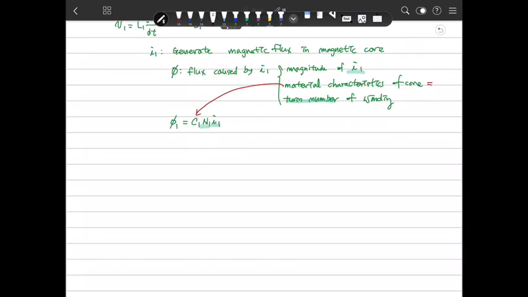So we know Faraday's law: E is N dphi/dt. That means the variation of magnetic flux causes a voltage.